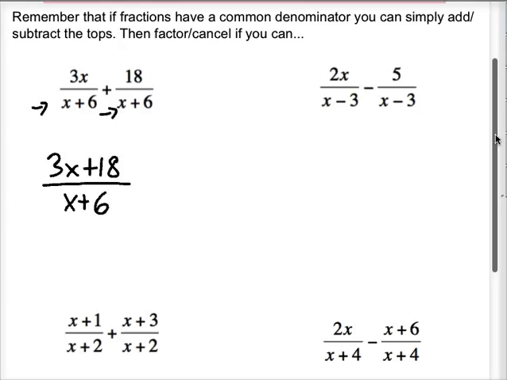Okay, but again, the key is adding and subtracting. You need common denominators. And then, once you do that, sometimes you'll be able to simplify. So in this case on top, the top actually factors.